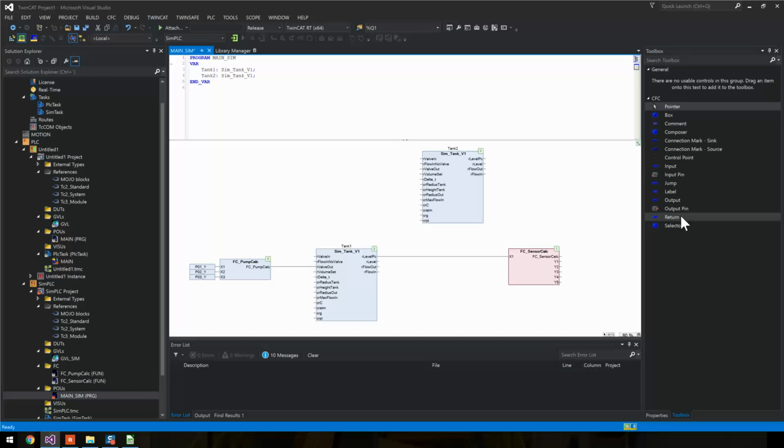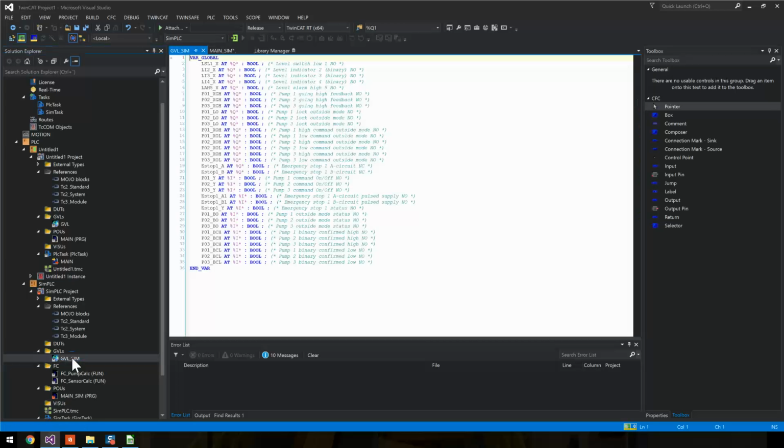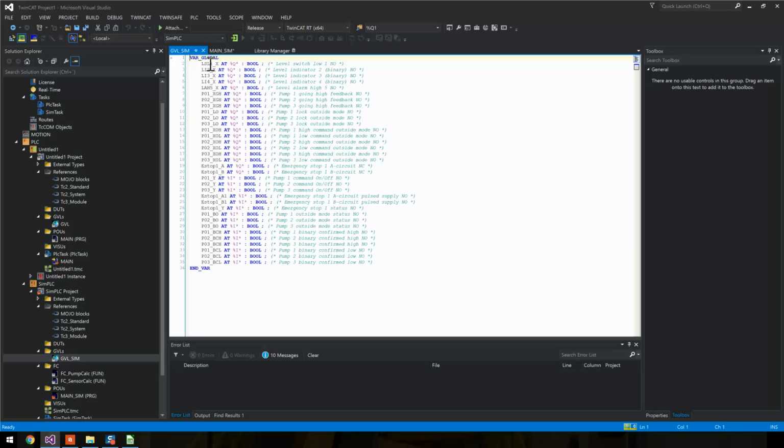And we'll get the output pins here. So what should we call that one? Here it's called level switch low 1. That's the lowest one. And these are level indicators. Number 2, the numbering is 1 is the lowest, 5 is the one on top.